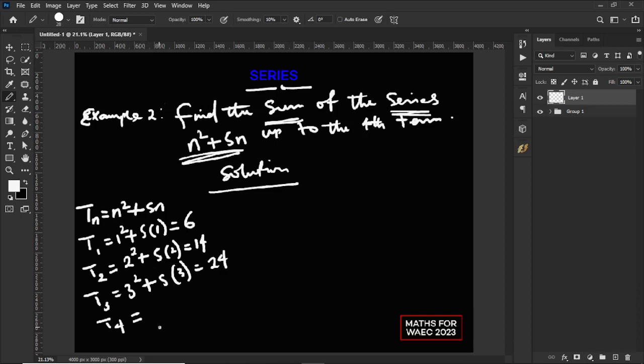So T4 is going to be what? 4 raised to the power of 2 plus 5 into bracket 4, that is 16 plus 20, that's 36.